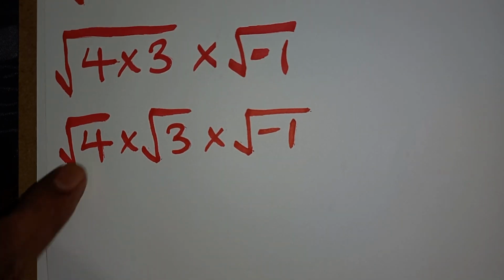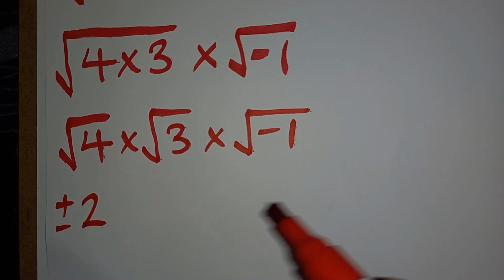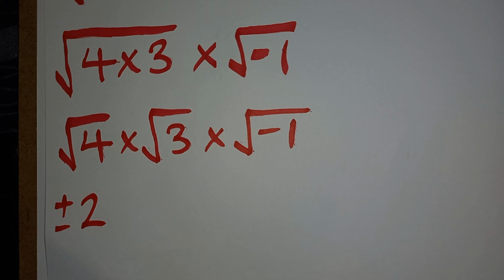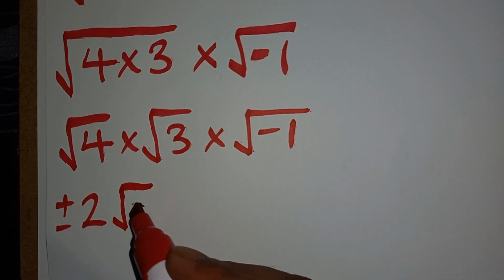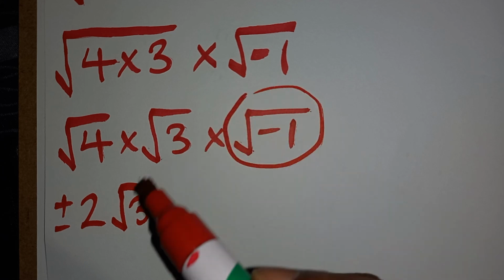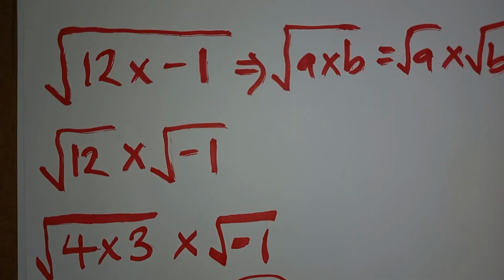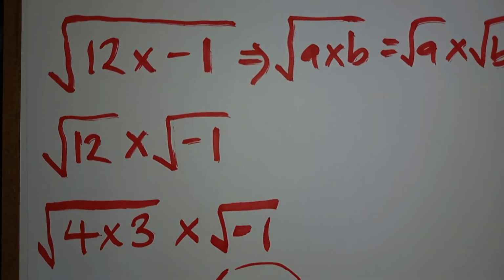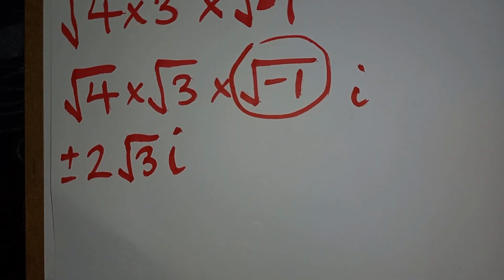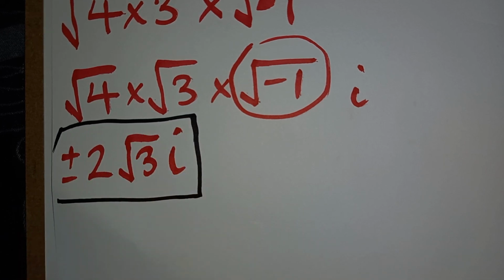Now we know root of 4 will be plus or minus 2, and then we have root of 3, and root of negative 1 will be replaced by i. So the square root of negative 12 is the same as plus or minus 2 root 3 i.